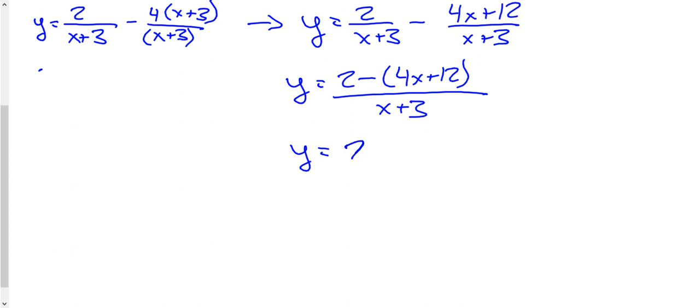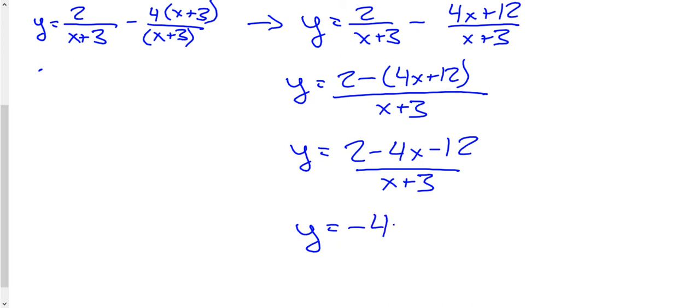So I got 2 minus 4x minus 12, and all of that still divided by x plus 3. And just simply cleaning this up, we end up with y equals negative 4x, and you always want your variables first, x first there, minus 10. All of that's now going to be divided by x plus 3. And that's basically it, and we should be done.